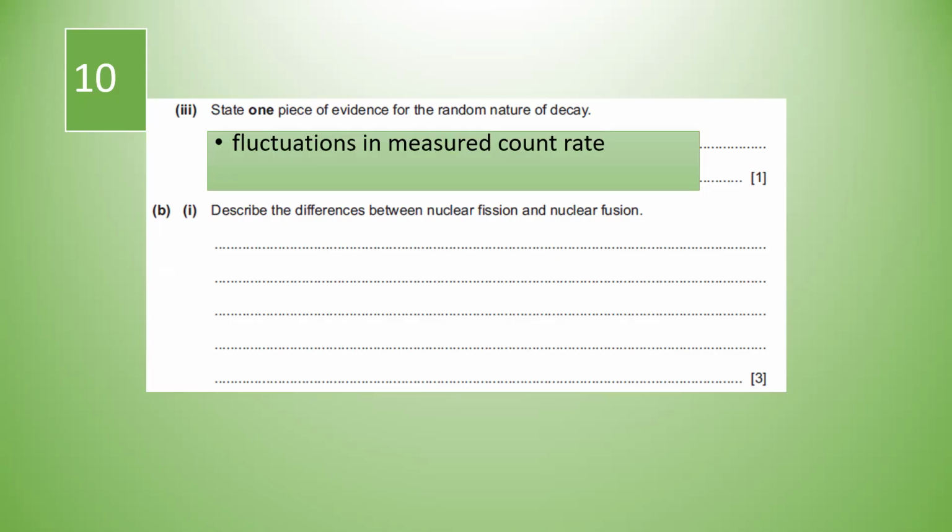You won't get a beautiful curve, but your points will be scattered about a curve, the count rate against time graph. Describe the difference between nuclear fission and nuclear fusion.